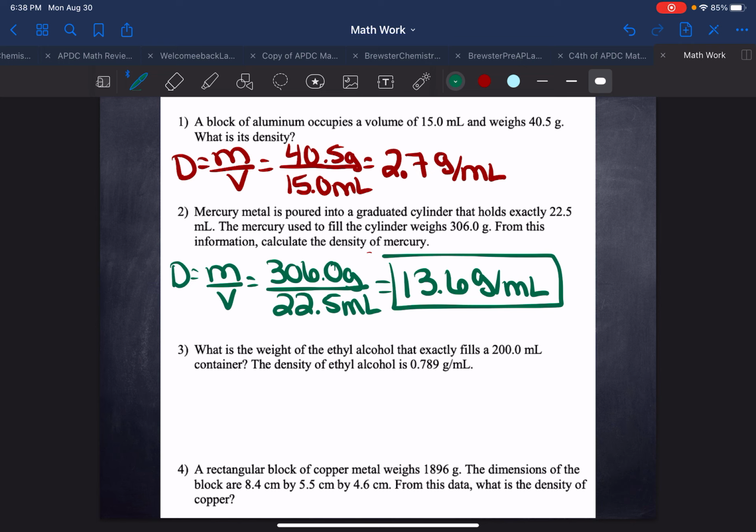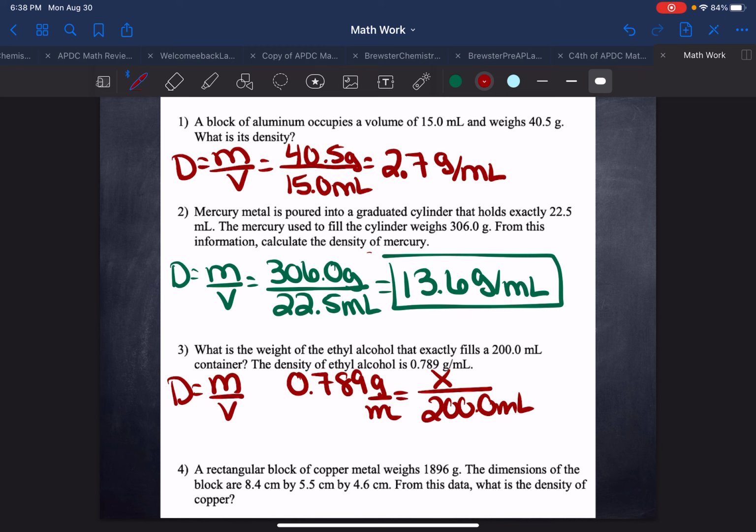Question number 3. What is the weight of ethyl alcohol that exactly fills a 200 milliliter container? The density of ethyl alcohol is 0.789 grams per milliliter. So once again, we're starting with the same formula. Density equals mass divided by volume. It just happens that this time we're solving for our M. So 0.789 grams per milliliter equals X over 200.